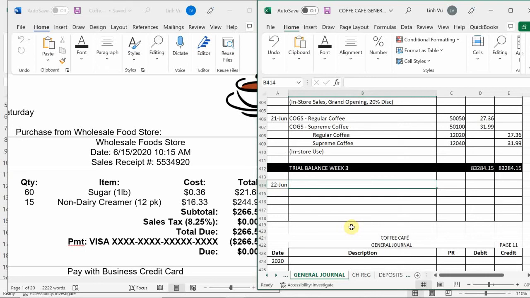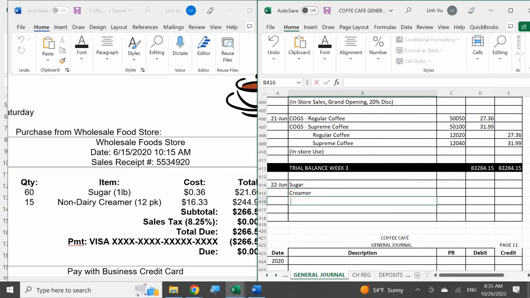What did I buy? You bought creamer and sugar. You're going to do a Visa payable. I know that.